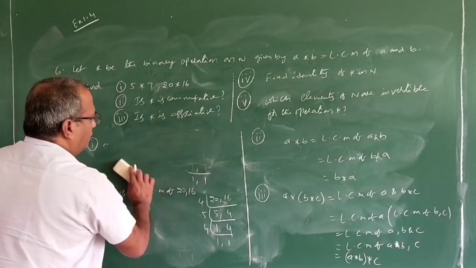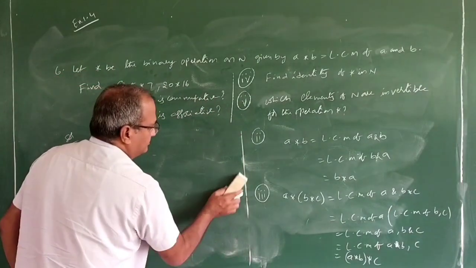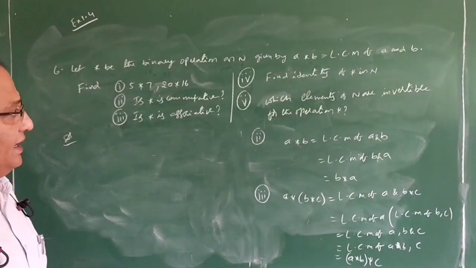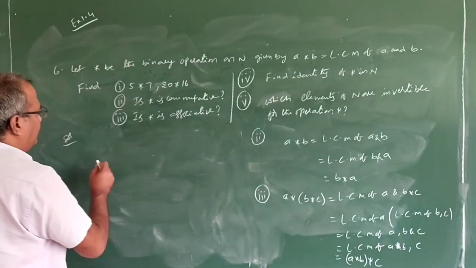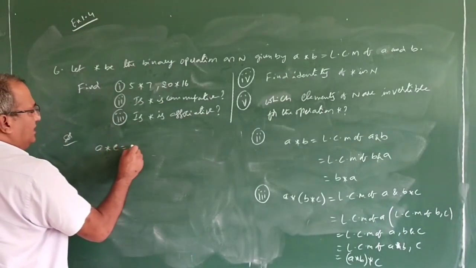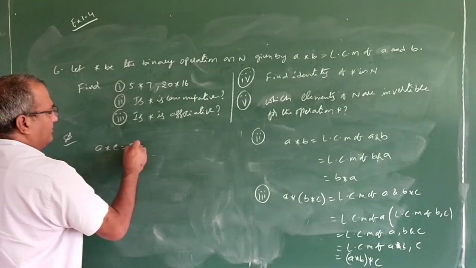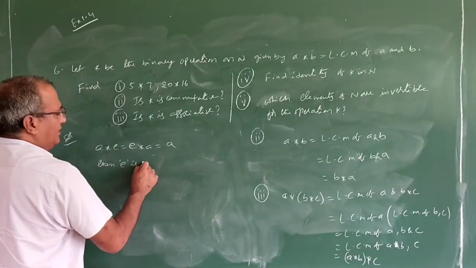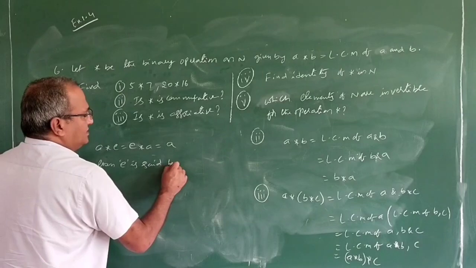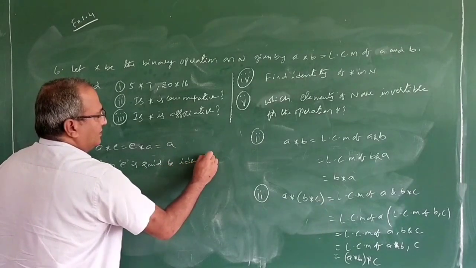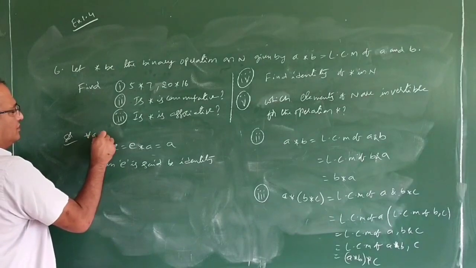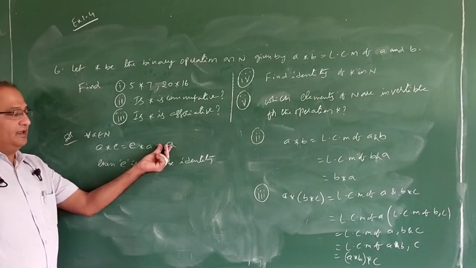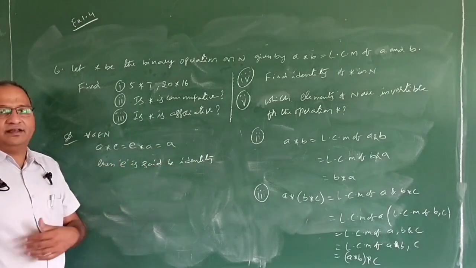Now, fourth problem: find the identity of star in N. Generally, identity means: if A star E equals E star A equals A for all A belongs to N, then E is said to be the identity.